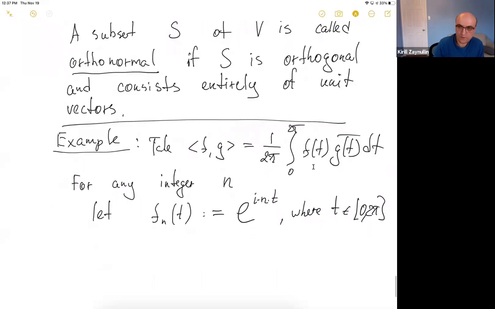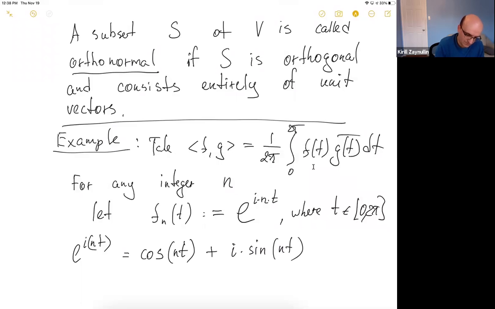Now, beware of this notation. What is i n t? It is e to the power i times something. What's that? This is a complex valued function, right? As you remember from the calculus class, this is cosine of nt plus i times the sine of nt.